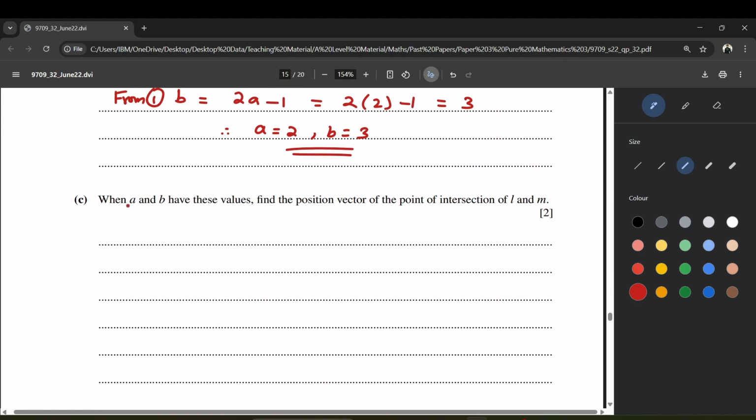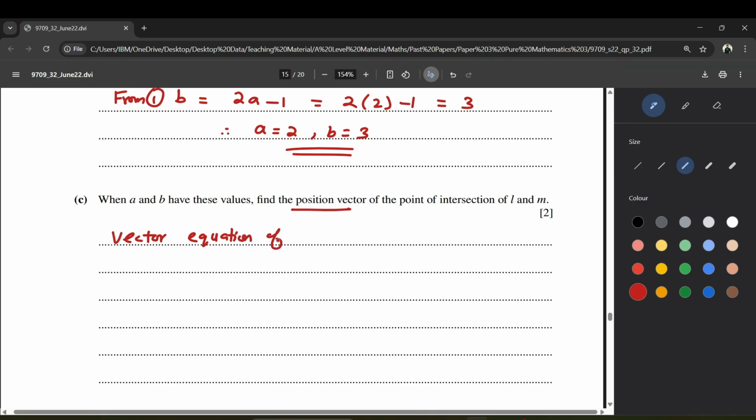Now it says in part C, when A and B have these values, find the position vector of the point of intersection of L and M. Now you have to find the position vector, and position vector is given by the vector equation. So we can use the vector equation of any one of them.